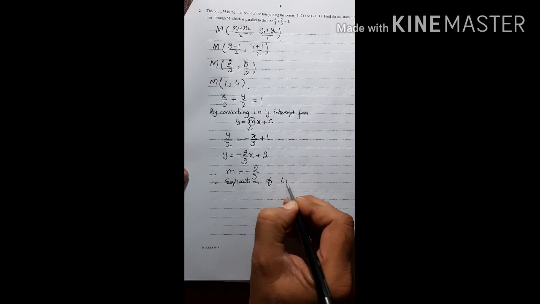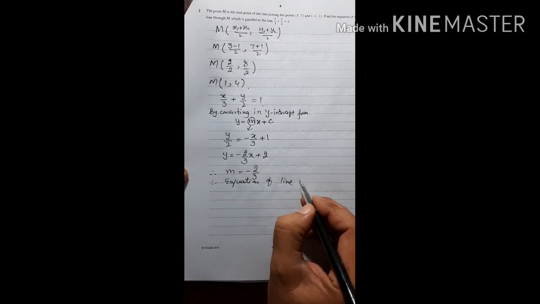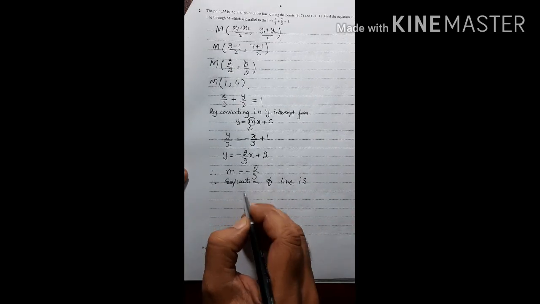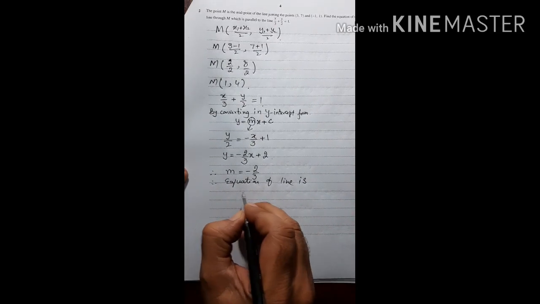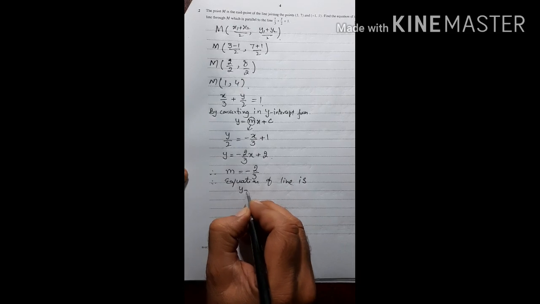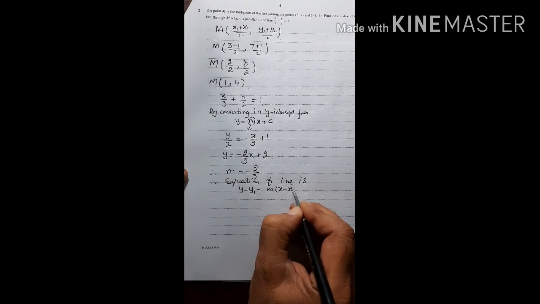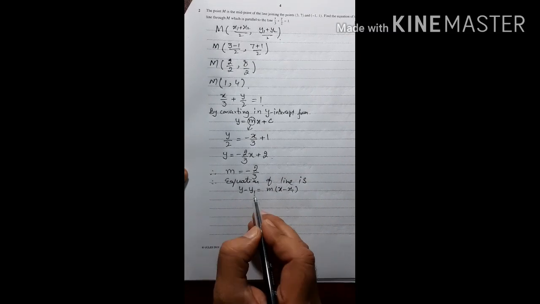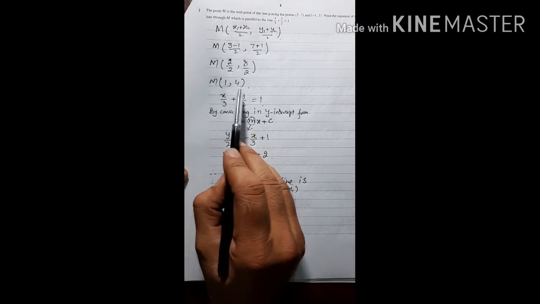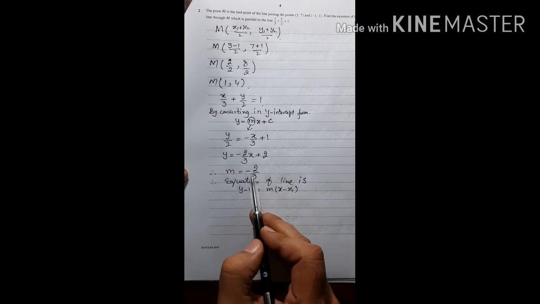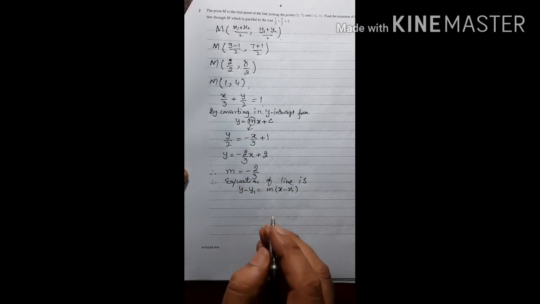Therefore, equation of line is, you know the gradient point form, y minus y1 equals m times x minus x1. So x1 y1 will be the point 1 4, and this m is the gradient minus 2 by 3.